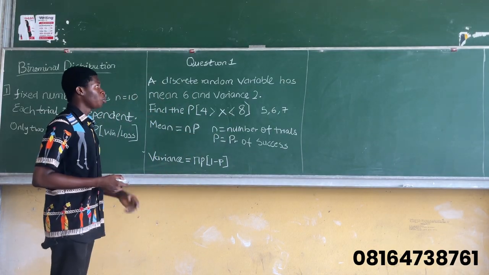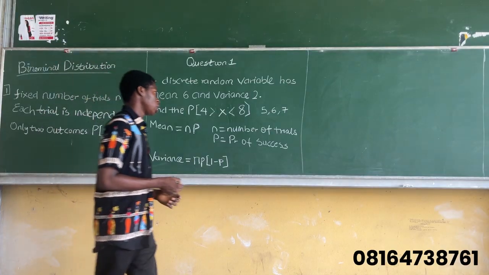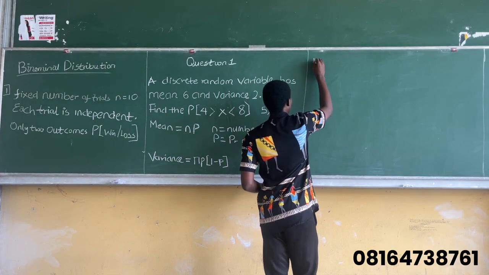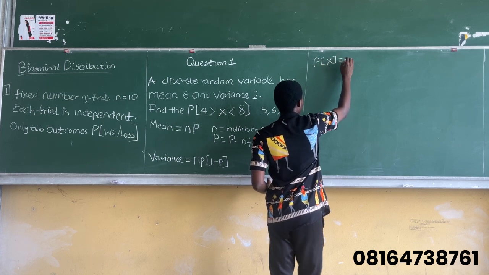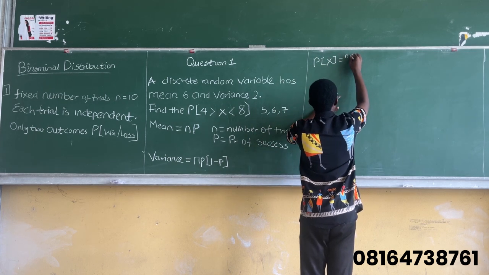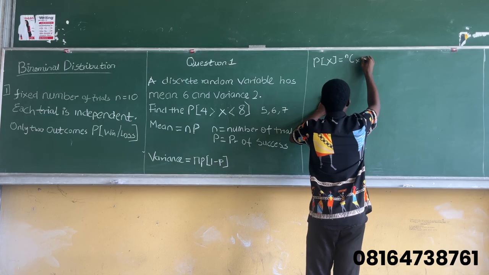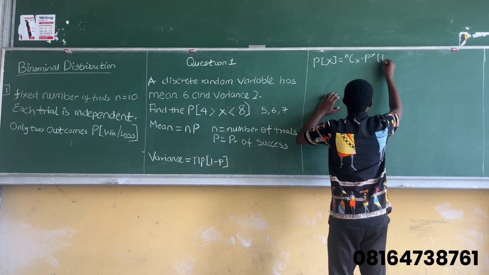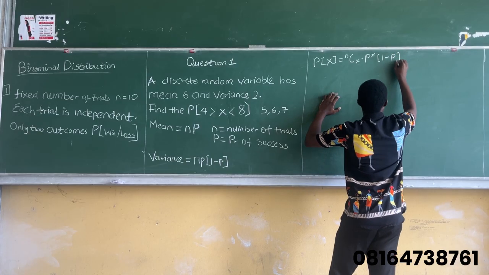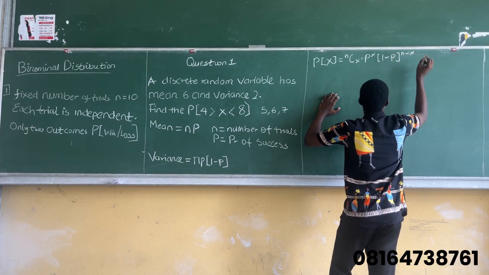The binomial distribution formula is represented with this, whereby P of x is equal to n combination x, p to the power x, times 1 minus p to the power n minus x.